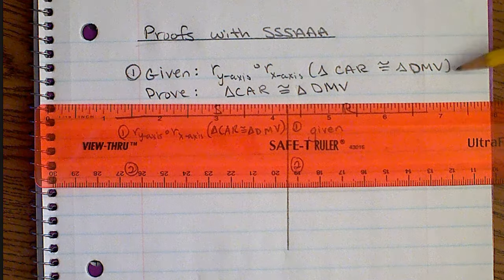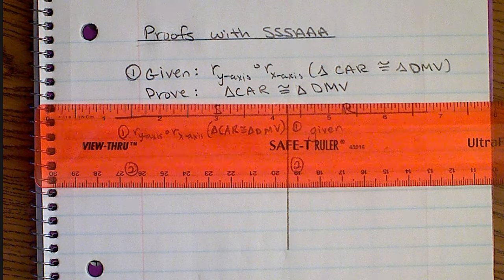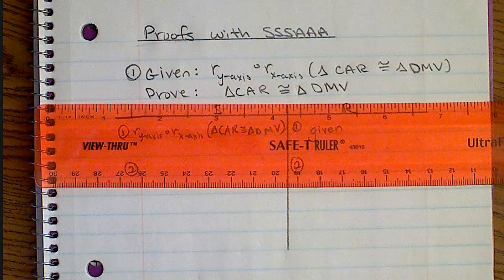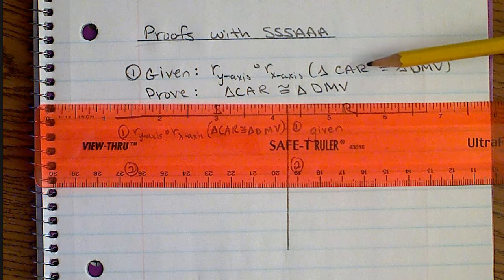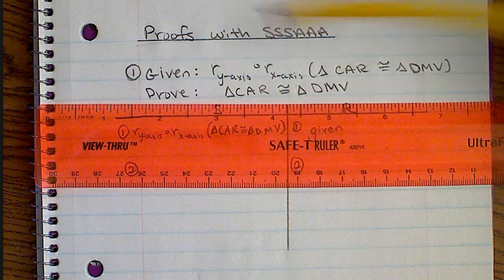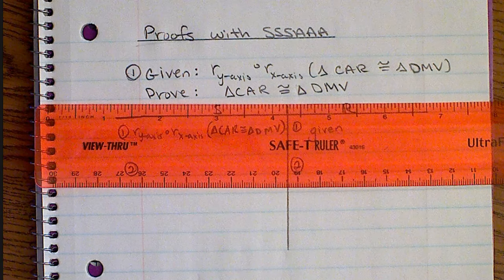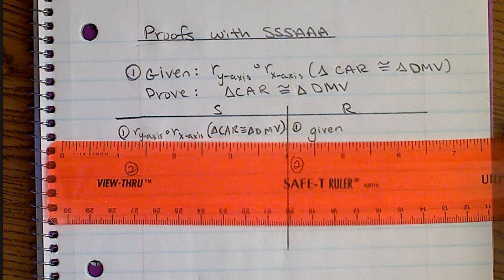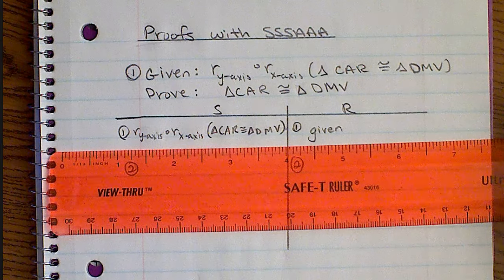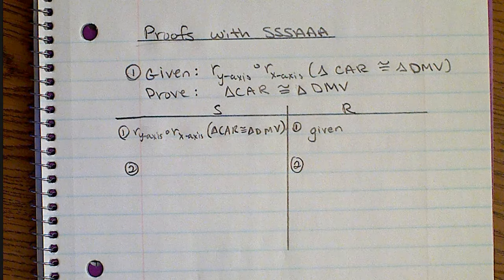Okay, so here's a given, and we're trying to prove that those 2 triangles are congruent. And so all I'm given is that this triangle is a multiple reflections of the first triangle. Okay? And so I put my given into my proof like I normally would, copy it exactly, and then we're going to work our way down the proof.